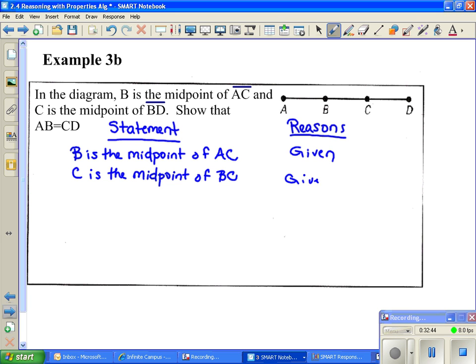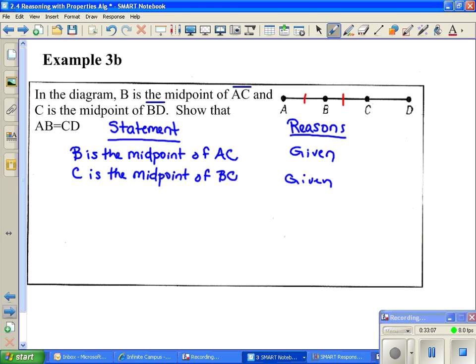Now you're doing great because you're thinking through, what do I know about midpoints? And you said what? Okay, so AB is equal to what? BC. Okay, so we know this, and I'm going to write it up here.